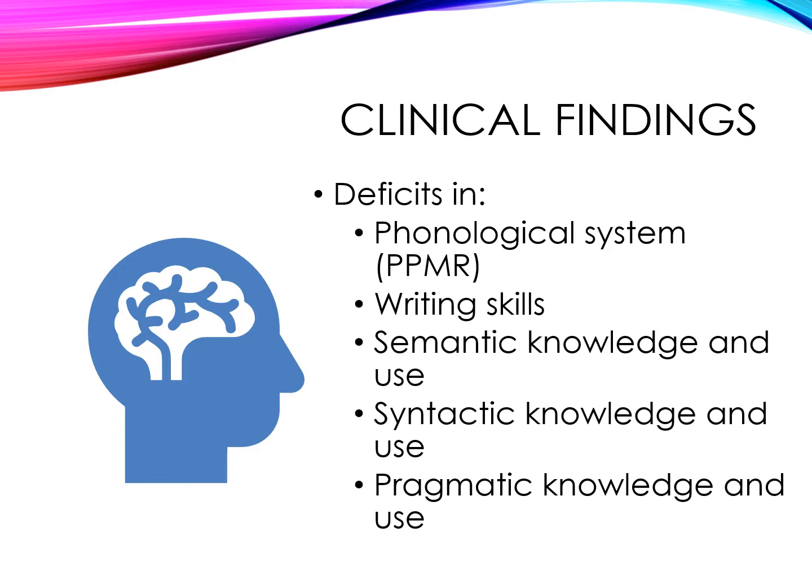And the fourth, or the R, is retrieval. All of these components have to work together in the phonological system. We will see deficits in their writing, their semantic knowledge and use, the syntactic knowledge and use, and then pragmatic knowledge and use of pragmatics. We're going to look into each of these more in depth.